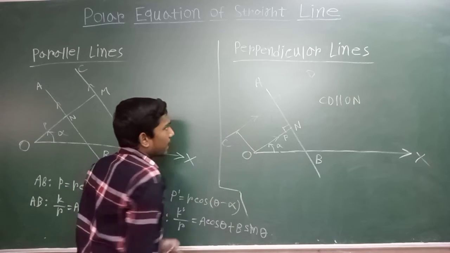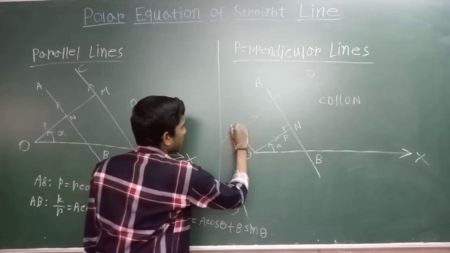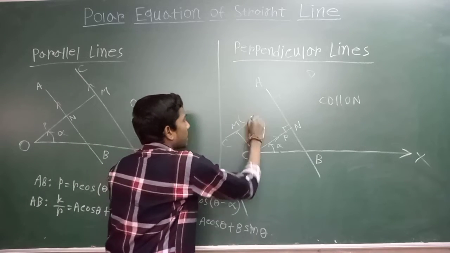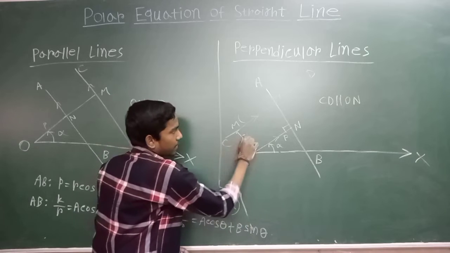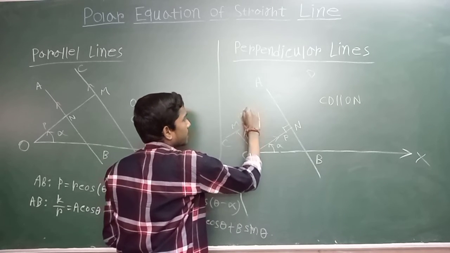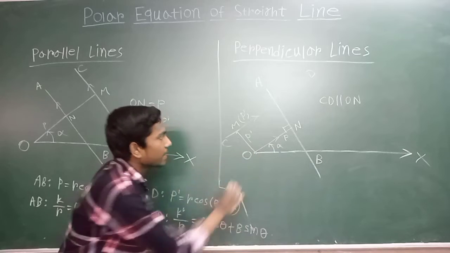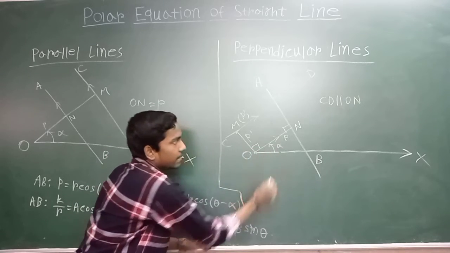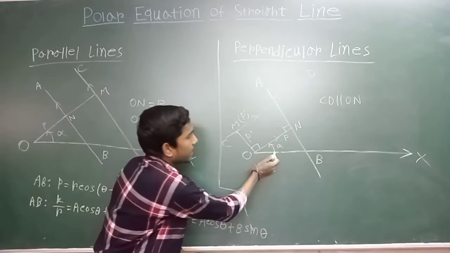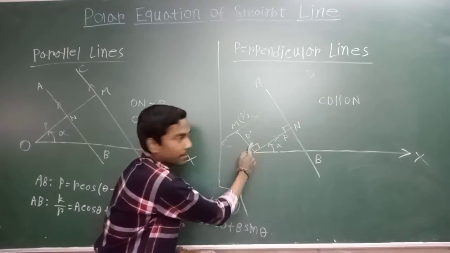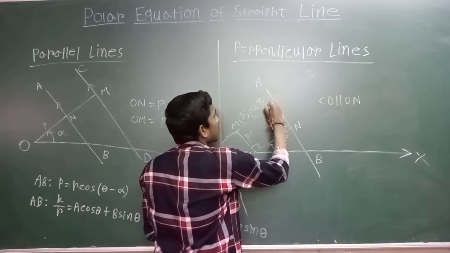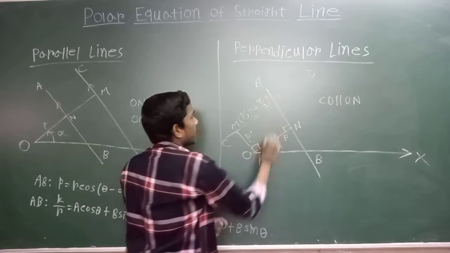This is C, and let the foot of the perpendicular be denoted by point M. So the coordinate of M we can write, if this distance is p dash, as (p dash, ...). This angle is 90 degrees and this angle is alpha. So its vectorial angle will be equal to this entire angle, that is alpha plus pi/2. So the coordinate of point M is (p dash, alpha plus pi/2).